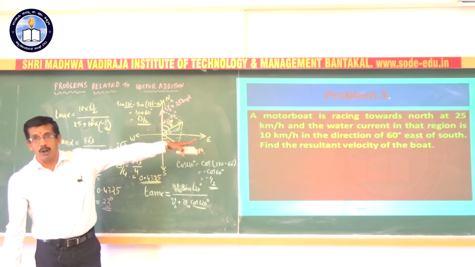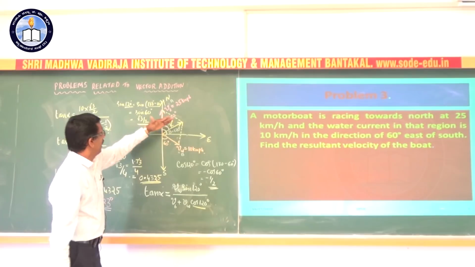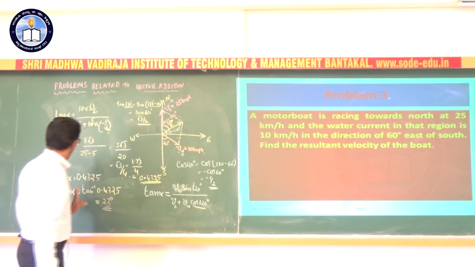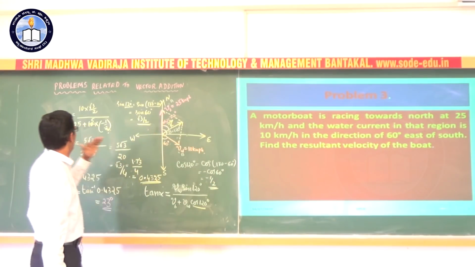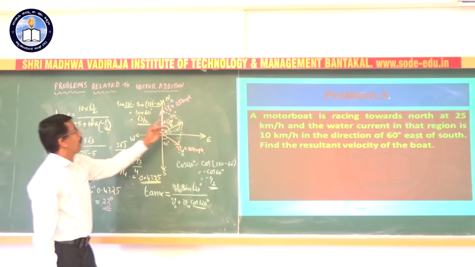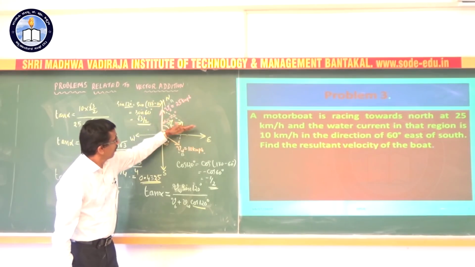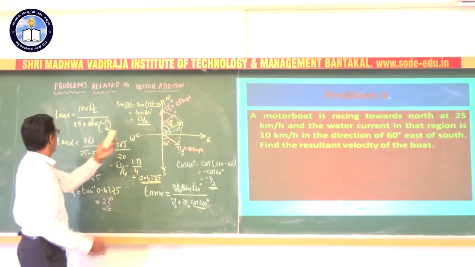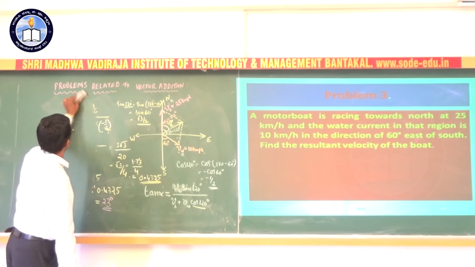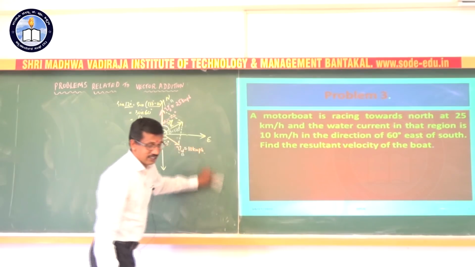So the final answer for this question is: the resultant velocity of the boat is 21.8 kilometer per hour and its direction is 23 degree towards east with respect to north. This is about question number 3. Now we move on to the next question.